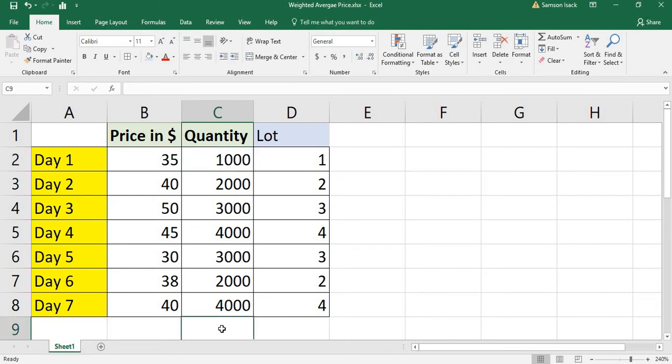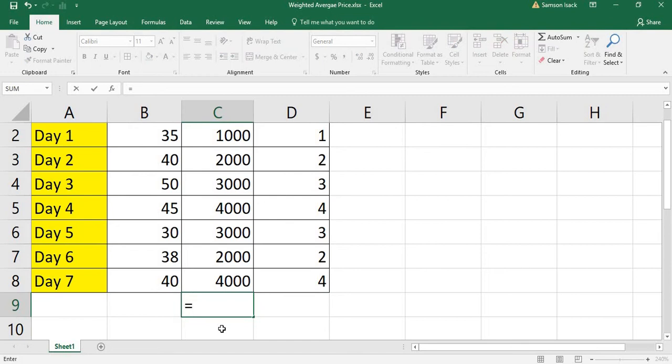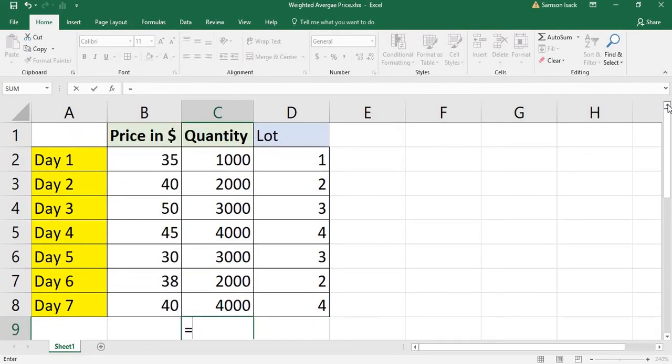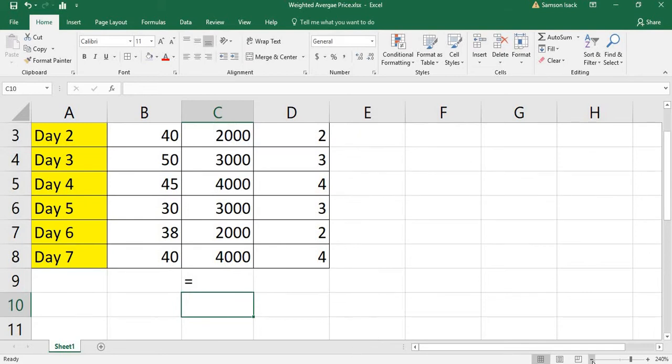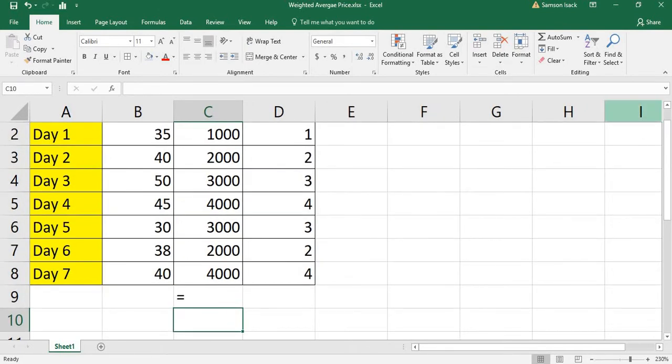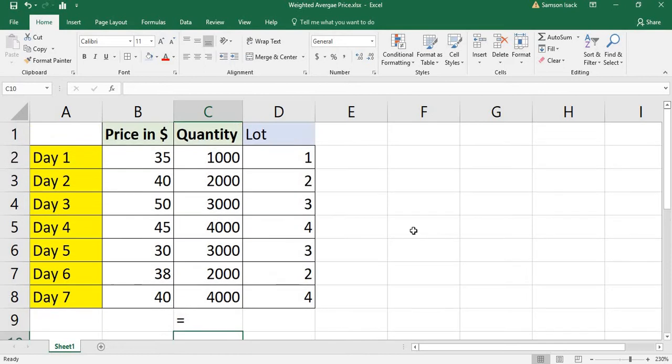How do we do that? For the weighted average calculation, instead of simply multiplying, it is supposed to be the sum of the products.